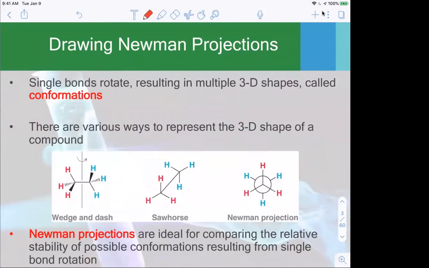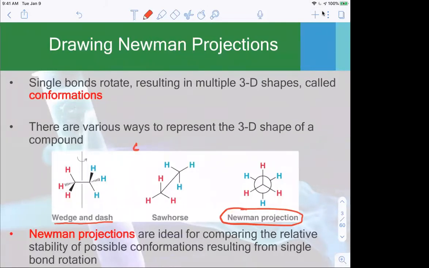So we're going to use something called a Newman projection in order to do this. What we want to do is start off with a wedge and dash structure. Remember, the conformer is going to be something that I'm looking for in three-dimensional shape, so I want to look at where my hydrogens are relative to one another.